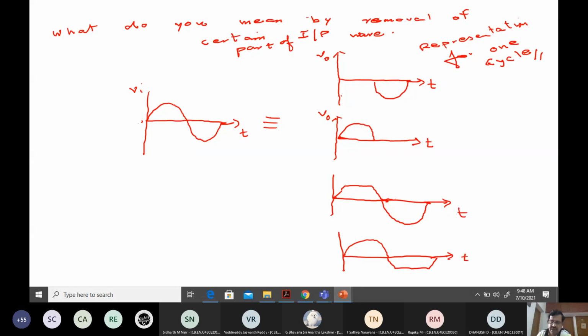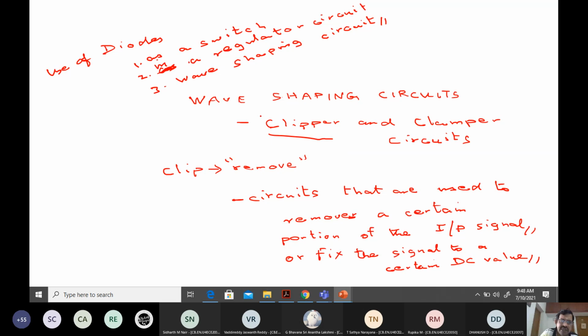All these are possible provided how we make the circuit with the diode. One more very key application of the diode that I forgot is rectification. We will come to that in the next week. Rectifiers.